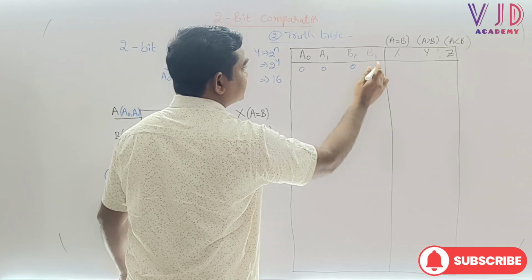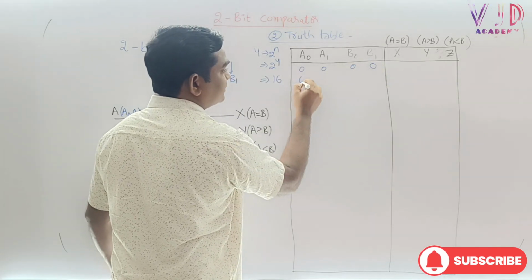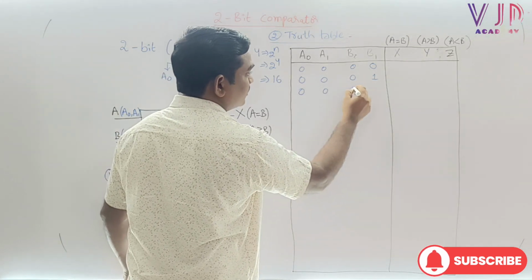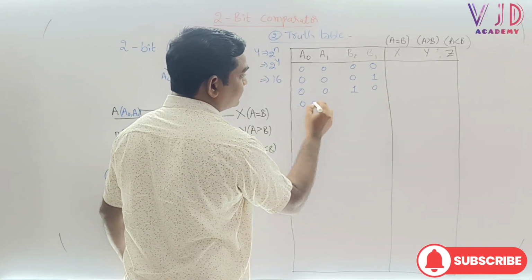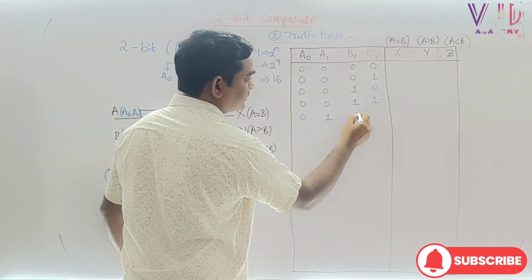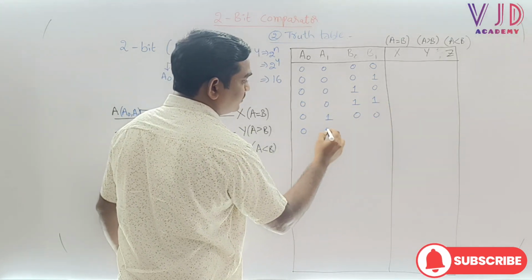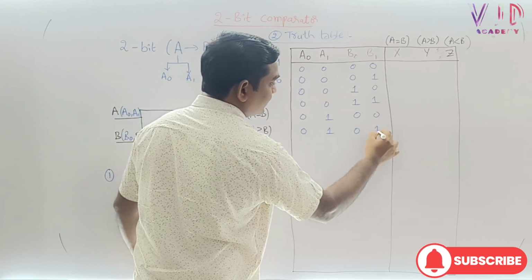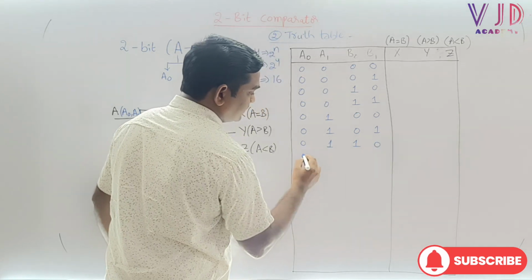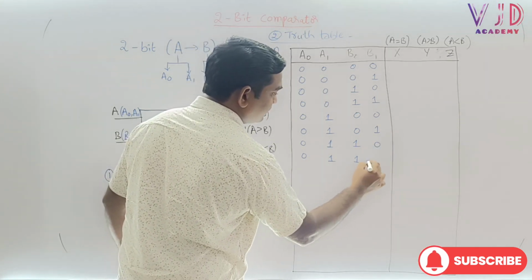We can say starting is 0, 0, 0, 0. And now 0, 0, 0, 1. And now 0, 0, 1, 0. 0, 0, 1, 1. And now 0, 1, 0, 0. 0, 1, 0, 1. And now 0, 1, 1, 0. 0, 1, 1, 1.